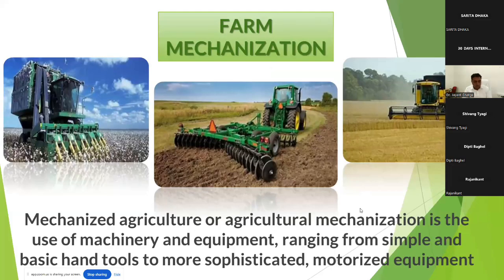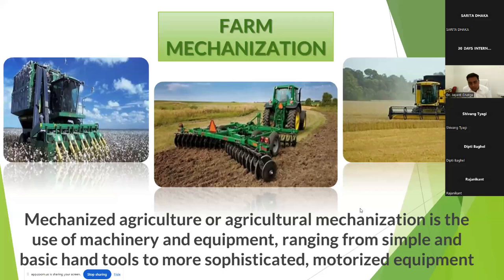Farm mechanization is the use of machinery and equipment ranging from simple and basic hand tools to more sophisticated and motorized equipment up to the harvesters. Nowadays we are seeing the combine harvester, and that kind of machinery is also useful in Indian agriculture.